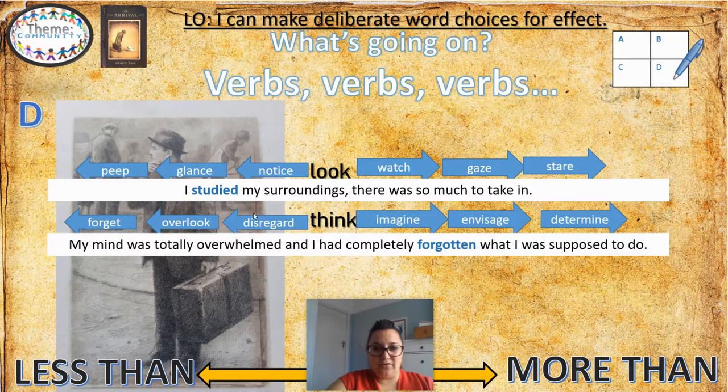So we've done all 4 parts of our story now, and we've seen how we can make these deliberate choices. We don't just have to go with the first word that we think of. And this is really great practice. And we'll continue with this deliberate word choice in today's task and in tomorrow's lesson.